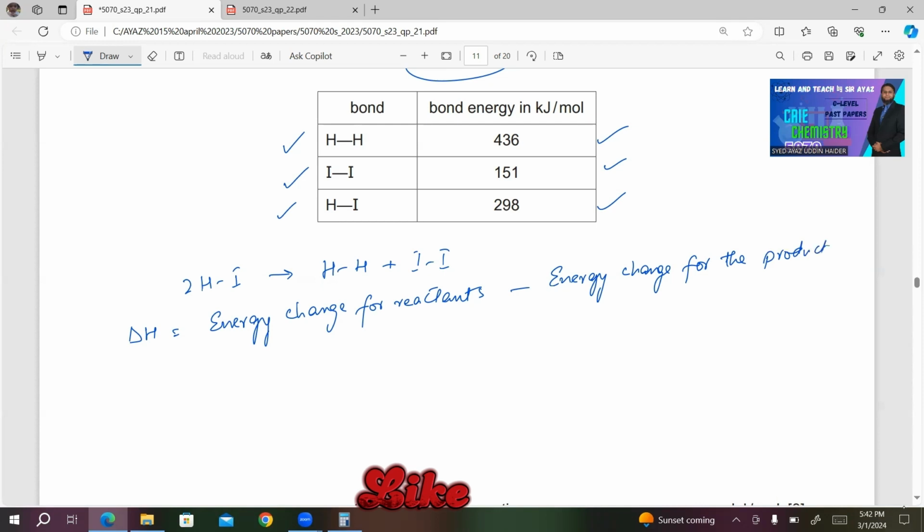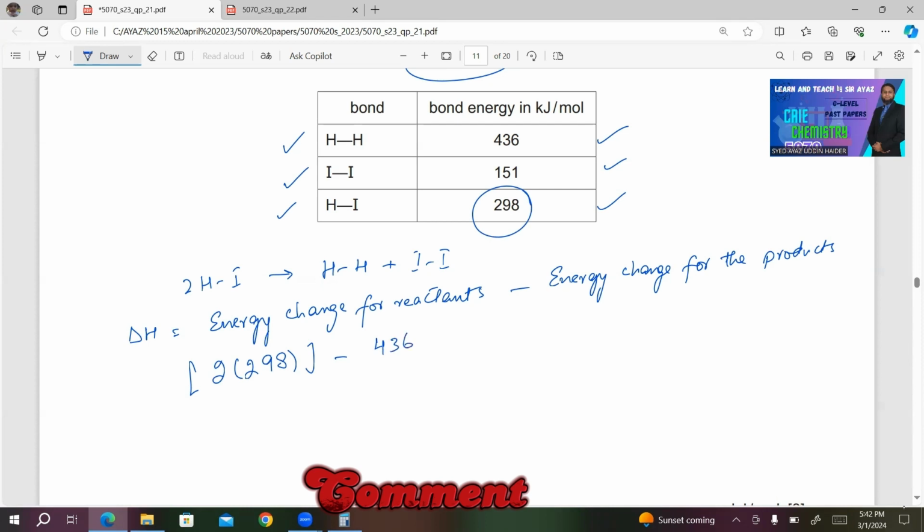So on the reactant side, what do we have? We have 2 moles of HI, so 2 will be multiplied by 298. Minus, on the product side, we have 1 mole of H-H, so we'll write 436 for H-H plus 1 mole of I-I, that is I2, so I'll write 151.